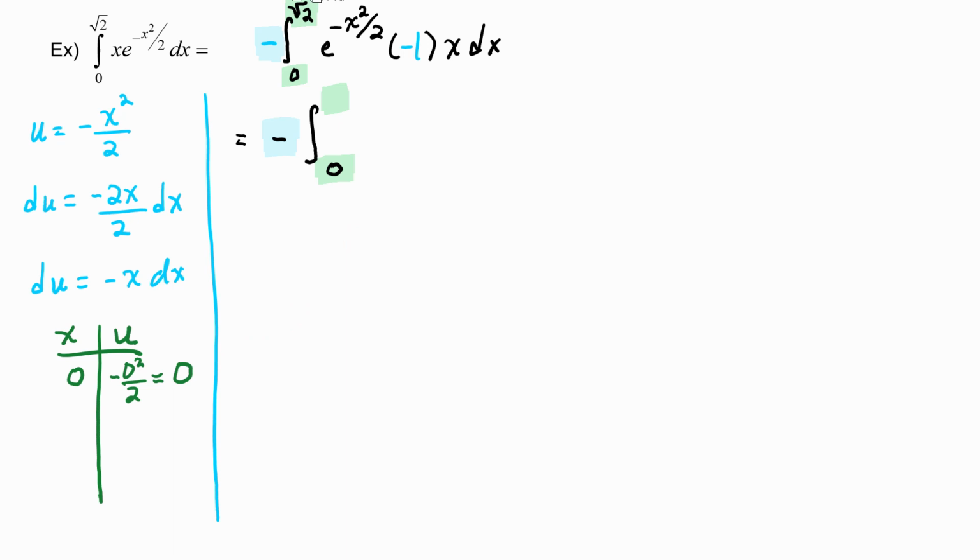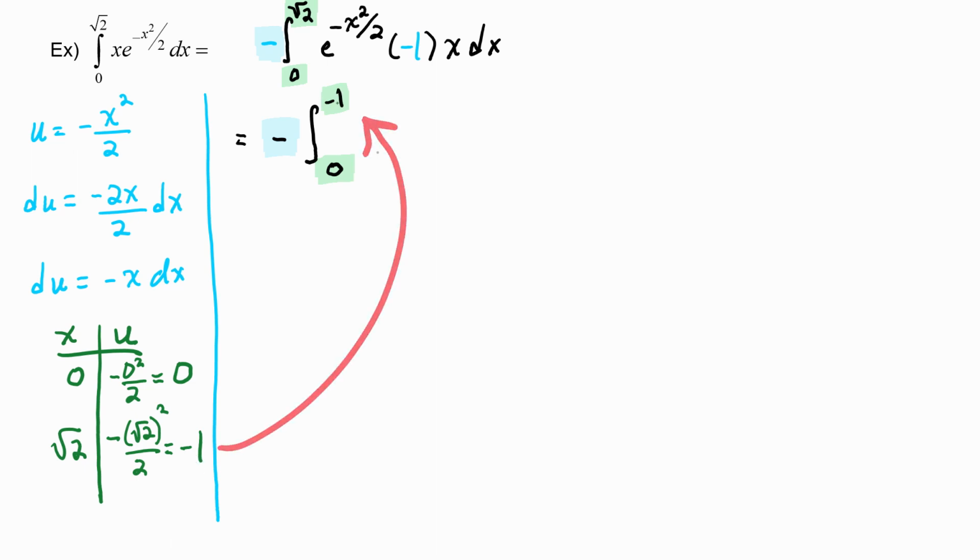Then the upper limit was radical 2, and so we have to do negative radical 2 squared over 2, and that is going to equal negative 1, because radical 2 squared is 2, and negative 2 over 2 is negative 1.